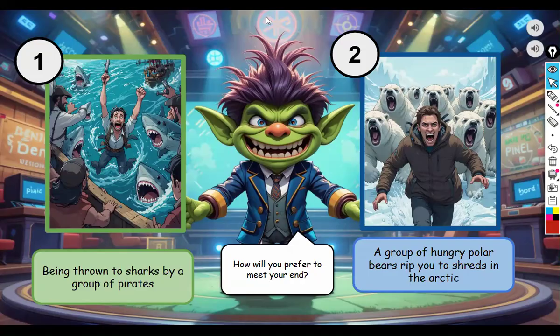All right, so for the people who chose death by the pirates and the sharks, 10 points. We polar bearians, 0 points. Update the amount of points you have. At the end of class, we'll see who has the most. All right, let's get ready to move on.